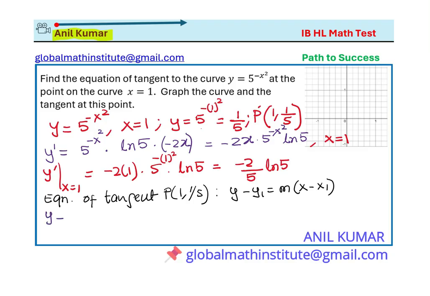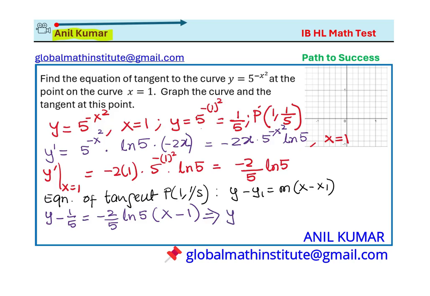So we get y minus 1 over 5 equals the gradient, which is minus 2 over 5 ln 5, times x minus 1. That gives you the final equation.